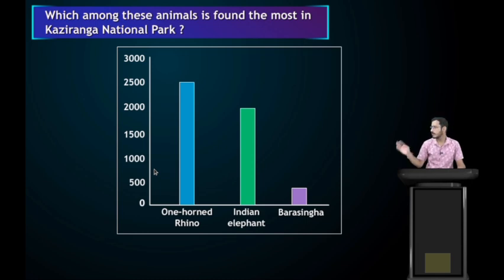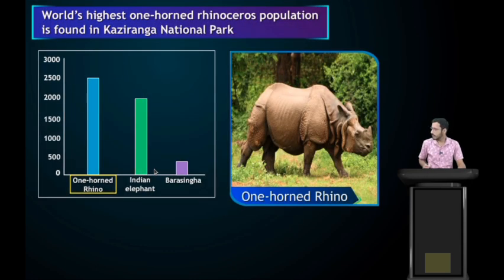One horned rhino, 2500. Indian elephant, 2000. So the highest population is that of the one horned rhinoceros, found in Kaziranga National Park.